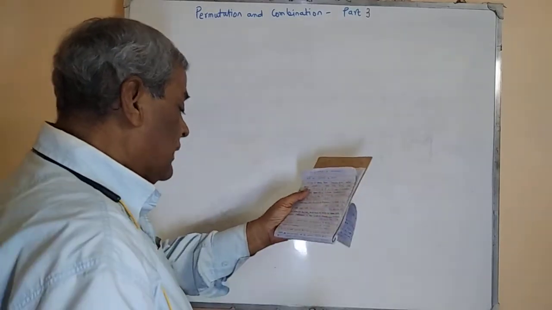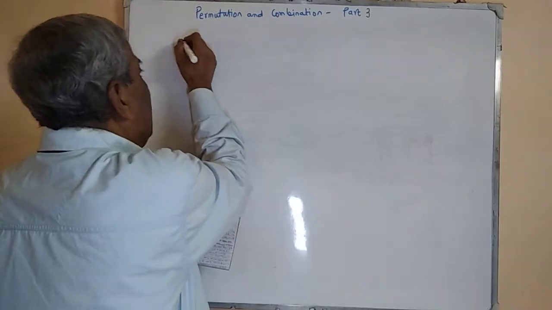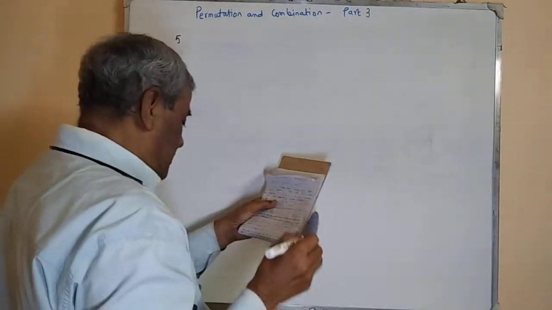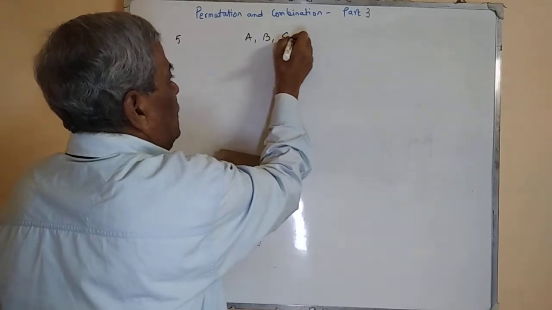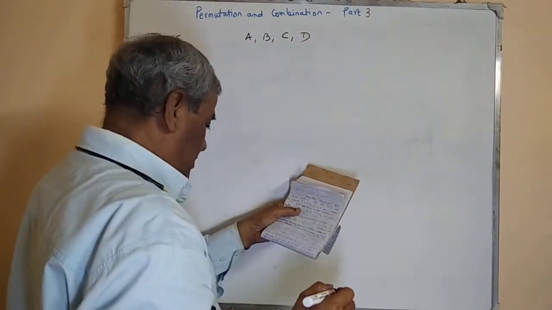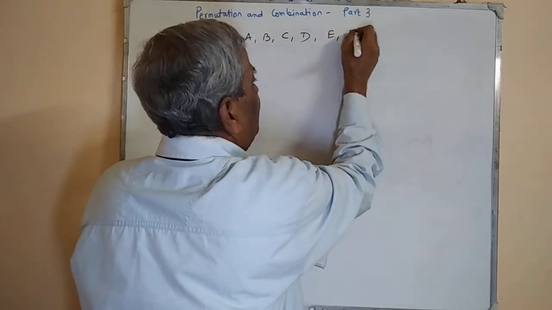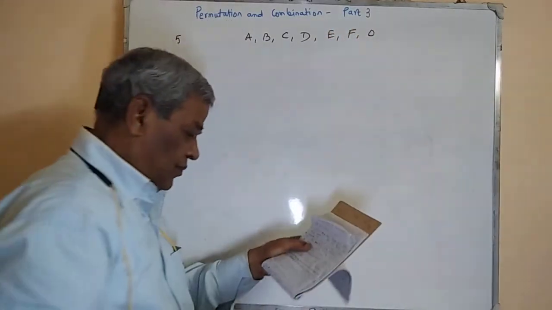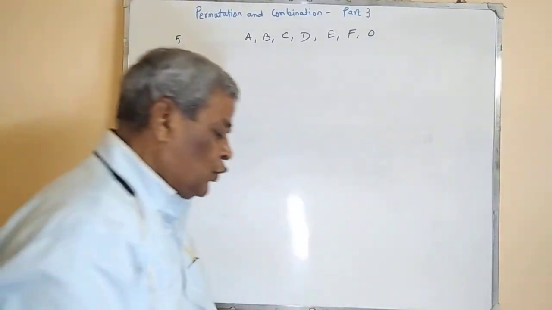the number of words which can be formed by taking 5 letters from A, B, C, D, E, F, O so as to include exactly 2 vowels.